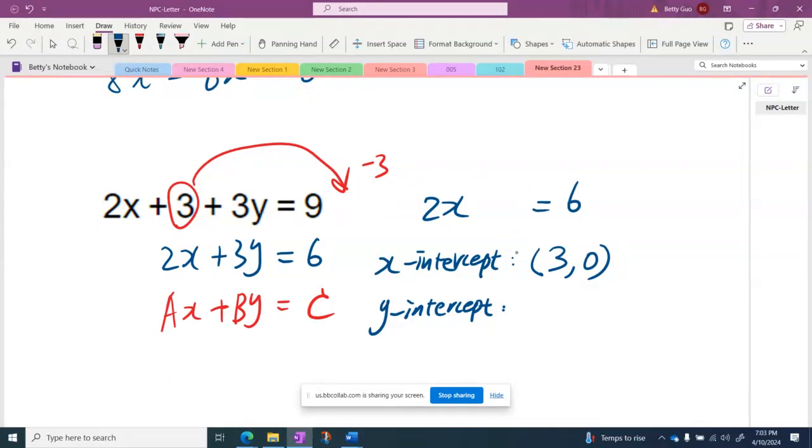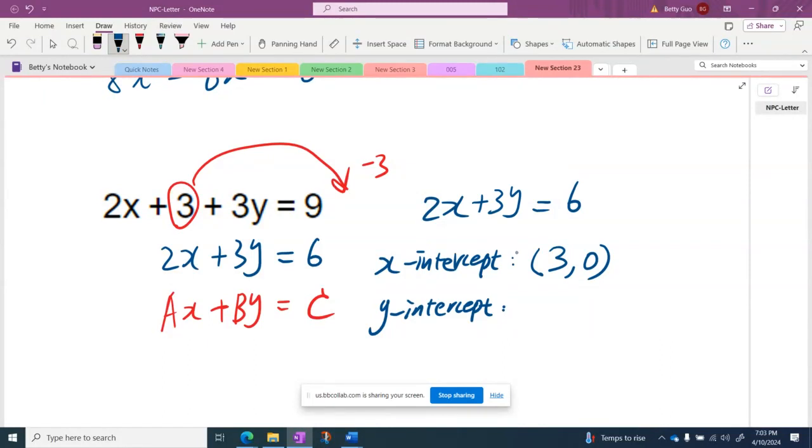I think the reason it really disappeared is that when I do this, the AI thinks I'm going to erase that, so it really makes it disappear. This is a new function I just discovered for OneNote. So the x-intercept is (3, 0). And there was a 3y here, by the way.